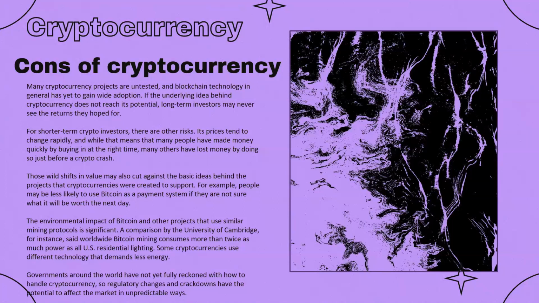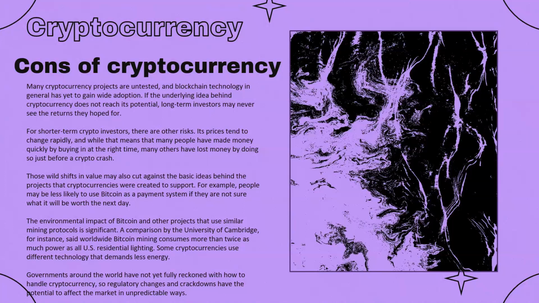So those wild shifts in value may also cut against the basic ideas behind the project that cryptocurrencies were created to support. For example, people may be less likely to use Bitcoin as a payment system if they are not sure what it will be worth the next day. The environmental impact of Bitcoin and other projects that use similar mining protocols is significant.